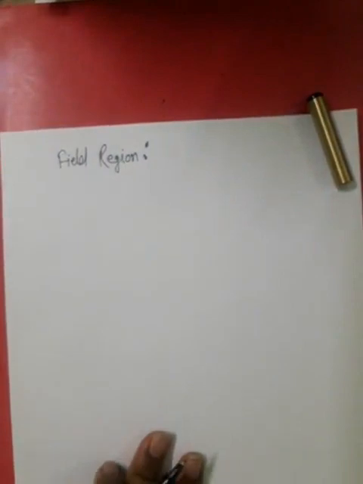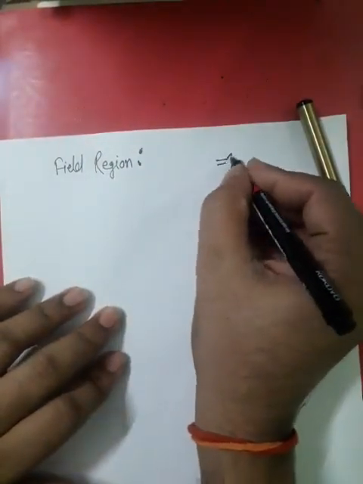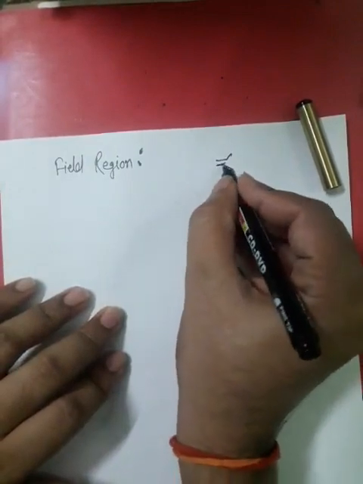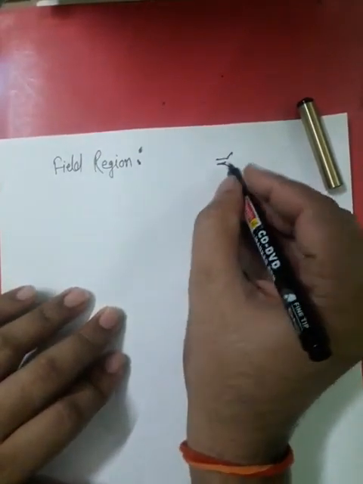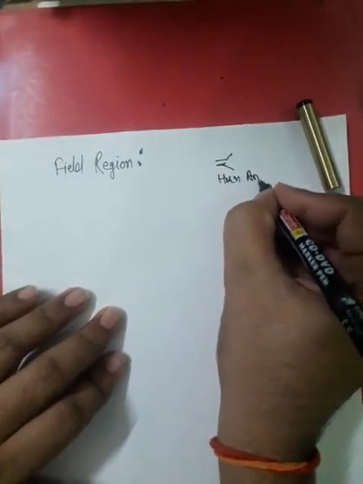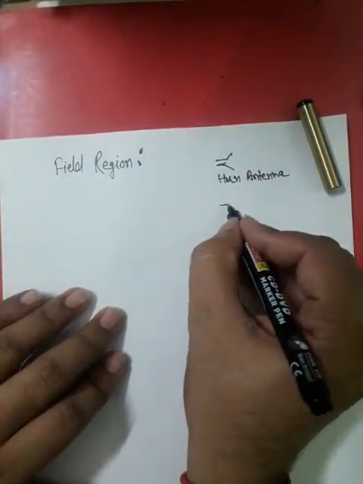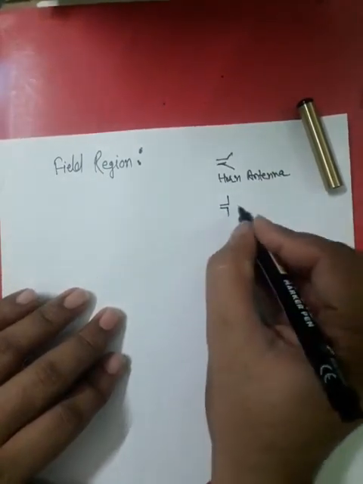So you were just seeing that I am making a symbol, this kind of symbol. So when I am making this kind of symbol, I have shown you. So this symbol is for horn antenna. There is another symbol I will make.